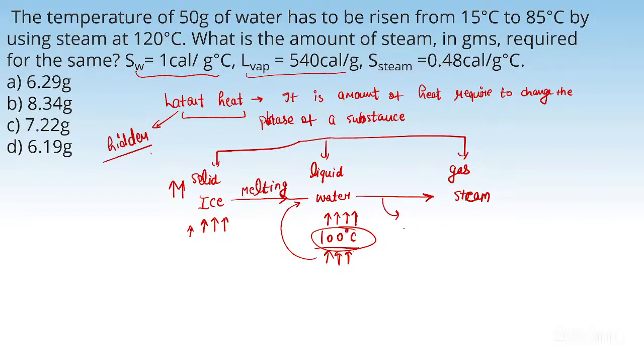So here the heat is termed as latent heat of vaporization. ठीक है, वही यहाँ पे गिवन है, देख, latent heat of vaporization, which means 540 calorie per gram, is the heat that is required to change the phase from liquid to steam.